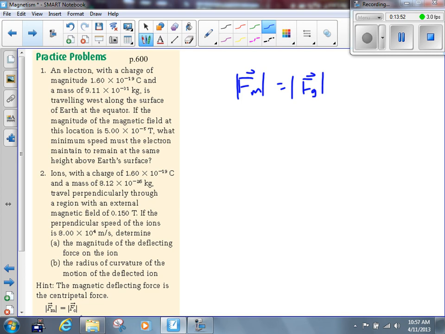Technically, it's the absolute values of them because one is positive, one is negative. So the magnitudes of them are going to be equal to each other. The magnitude of the magnetic force is qvB. The gravitational force is mg. We're going to rearrange this to solve for v now. v ends up being equal to mg over qB. And we plug in our numbers here.